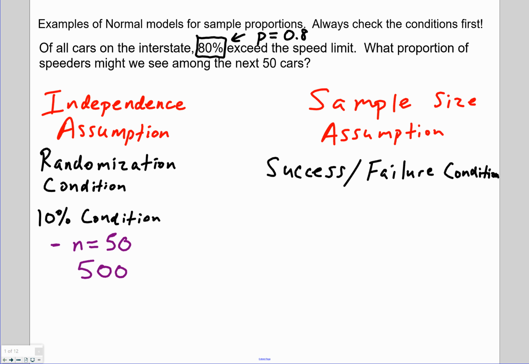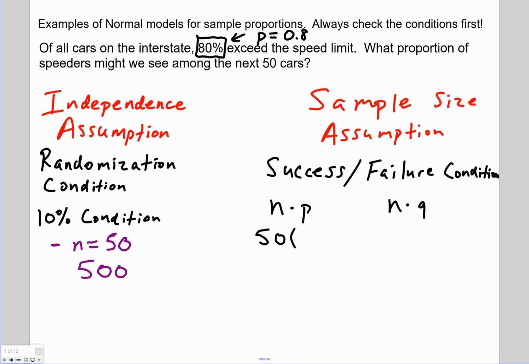No. So before we even do that, we can expect a certain number of cars to be speeding. So we're going to check N times P and N times Q, which seems similar because that's what we did last week. So our sample size is 50.